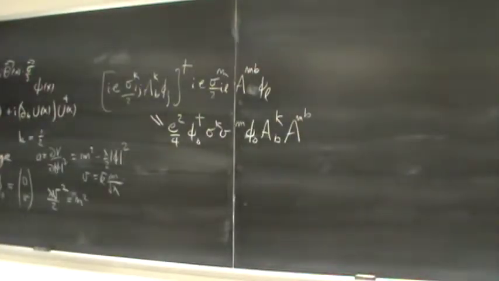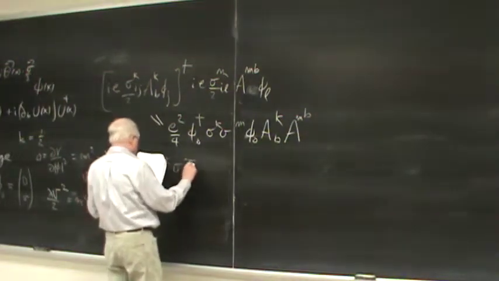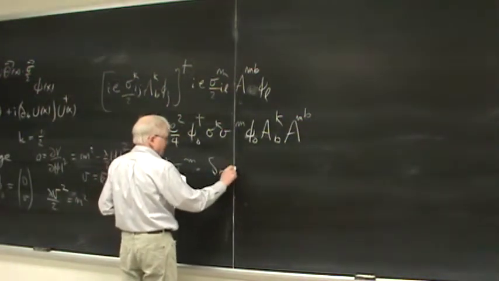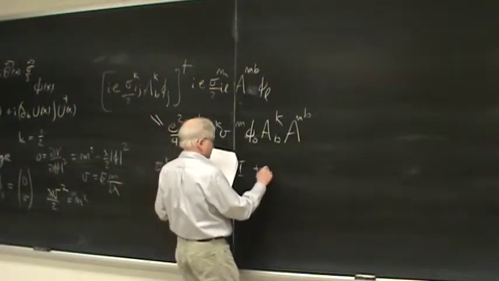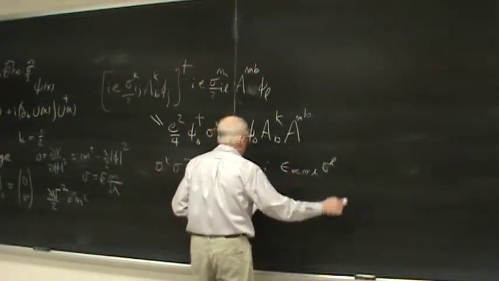And I see I left a 0 out of here. Okay, now remember sigma k, sigma m is delta km times the 2 by 2 identity plus i epsilon k m l sigma l.